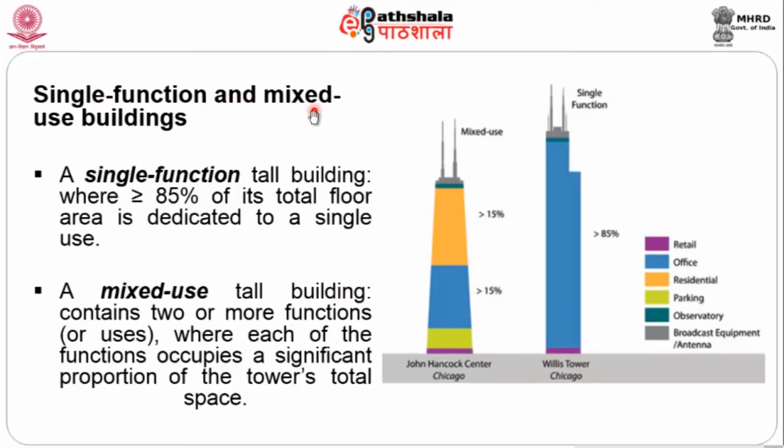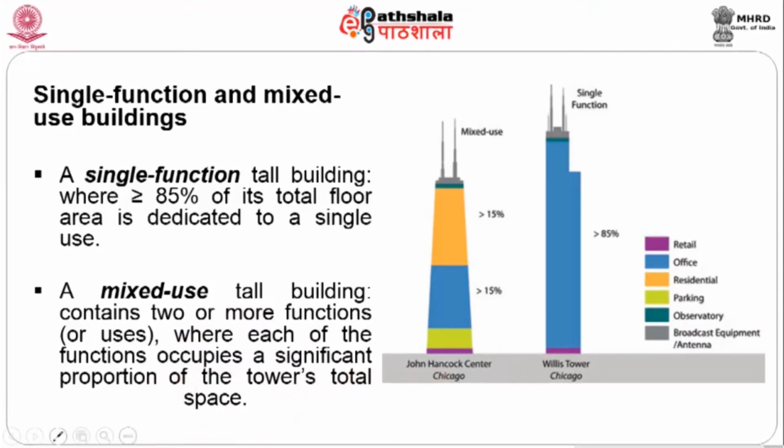Single function and mixed use buildings. A single function tall building is one where greater than 85% of its total floor area is dedicated to a single usage, whereas a mixed use tall building contains two or more functions where each of the functions occupies a significant portion of the total tall space.